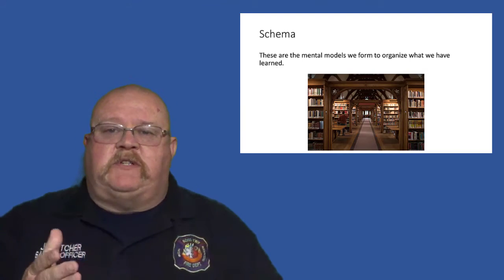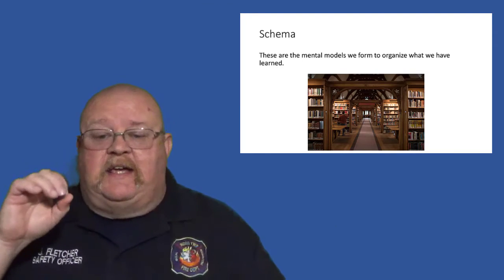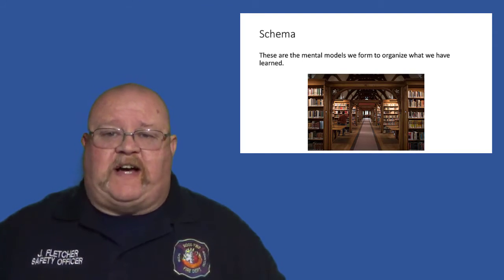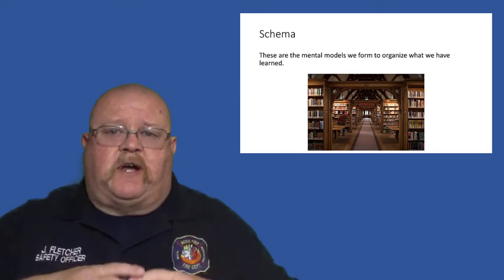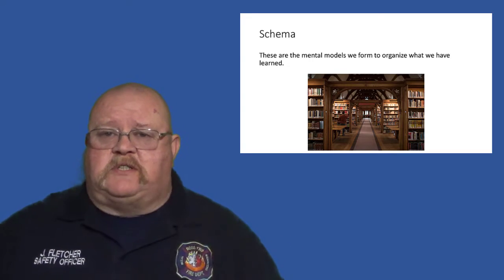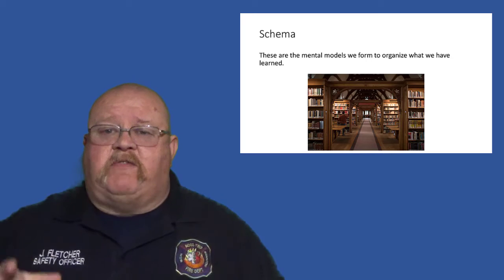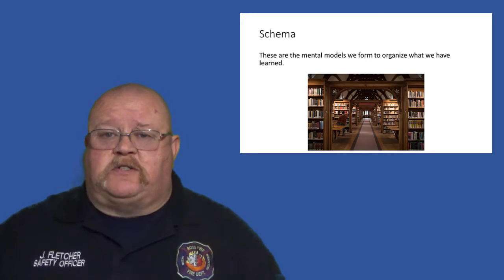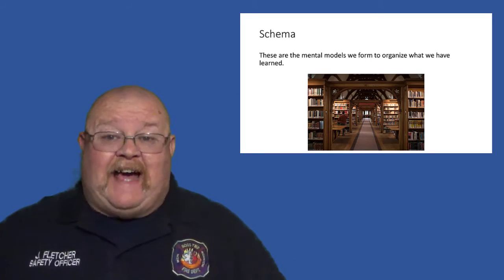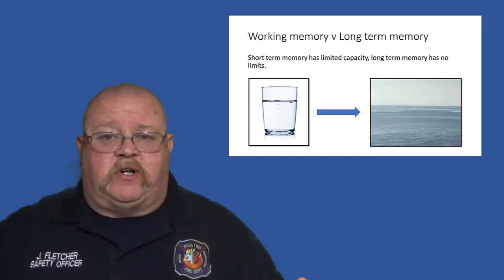The next assumption is schema, which refers to the files of the brain. Think of it as a great big library with all the books, where everything is stored in long-term memory. And the last assumption is long-term memory, of course.